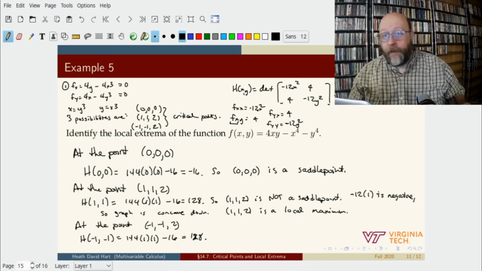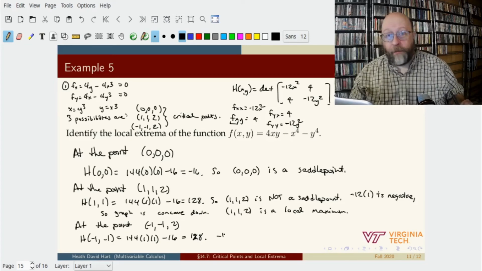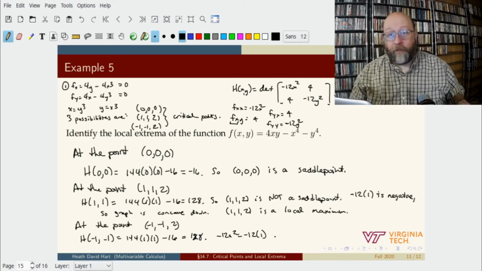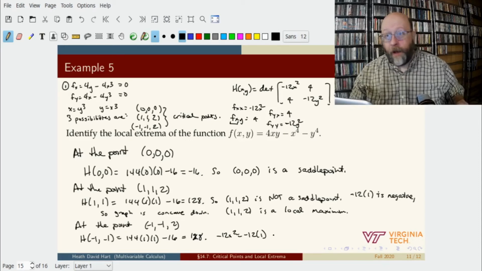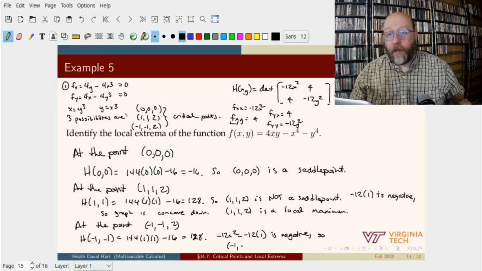And this second derivative, negative 12x squared, is negative 12 times positive 1. And that's still negative. And so negative 1, negative 1, 2 is also a local max.